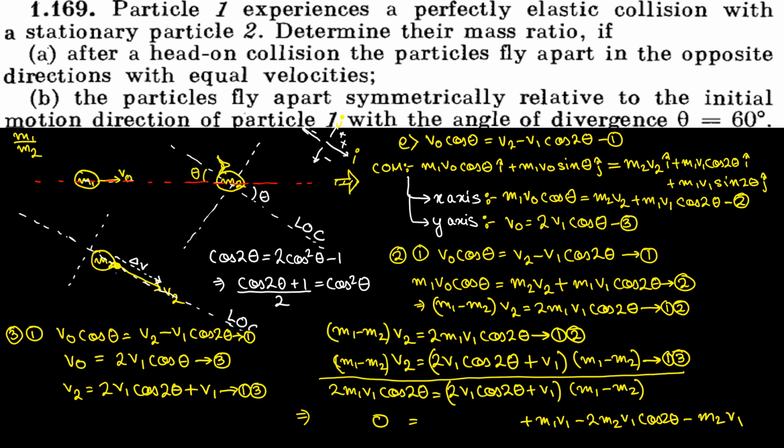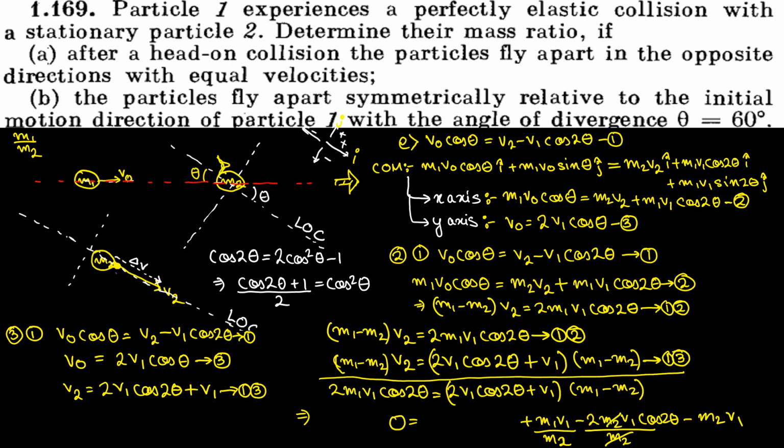Now what do I need to find out? I need to find out the value of m1 by m2. So divide left hand side and right hand side by m1. Sorry, m2, not m1, m2. Okay, divided by m2. Out here m2. Out here also m2. So this would get cancelled and this is already 0.